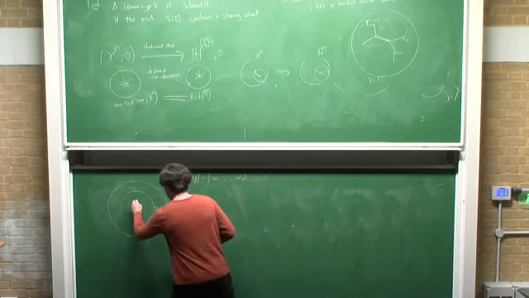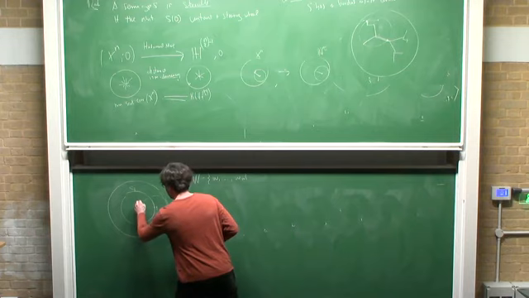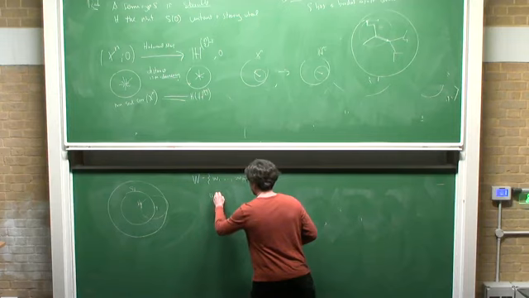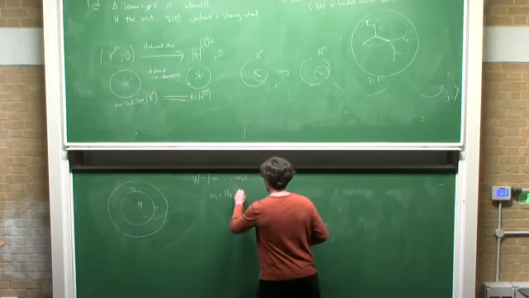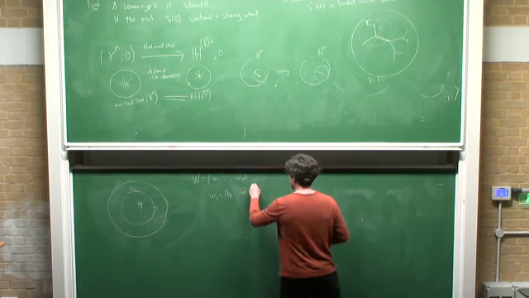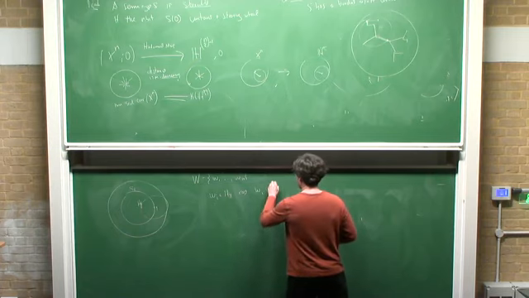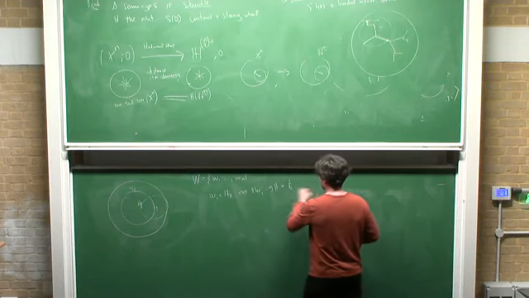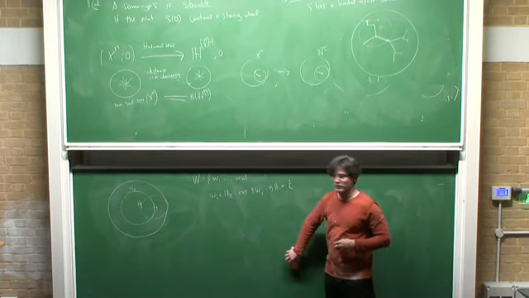So let's call this horoball H sub y. Wi is in H sub y if and only if |Wi minus y| is less than 1/2 in the Euclidean sense.